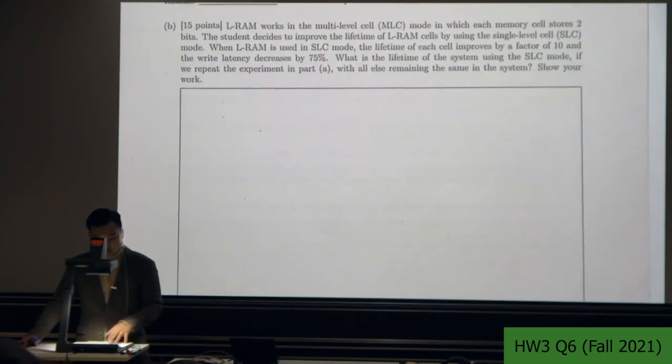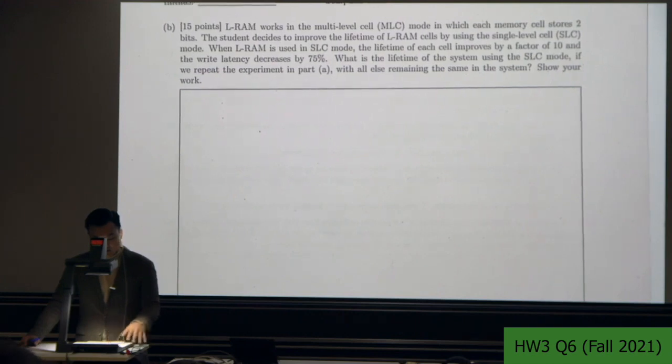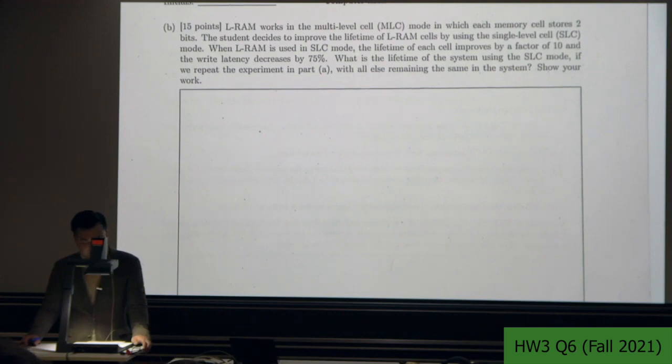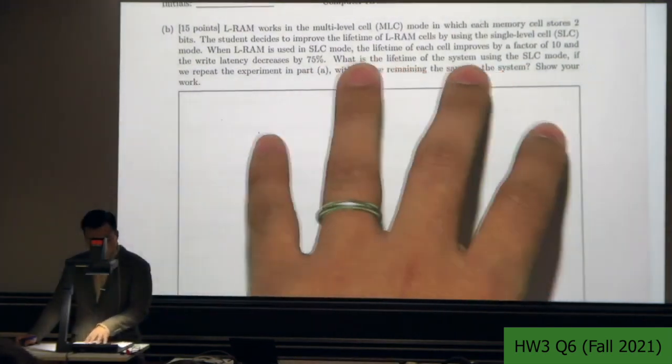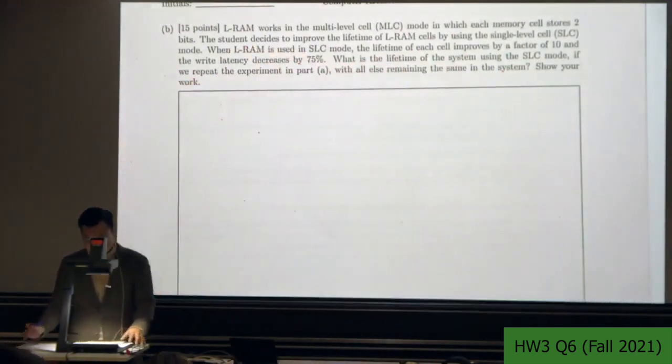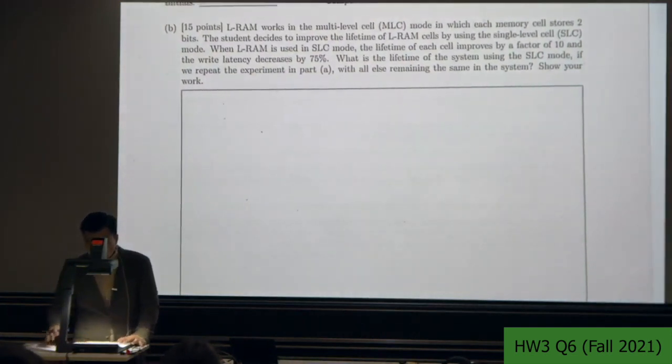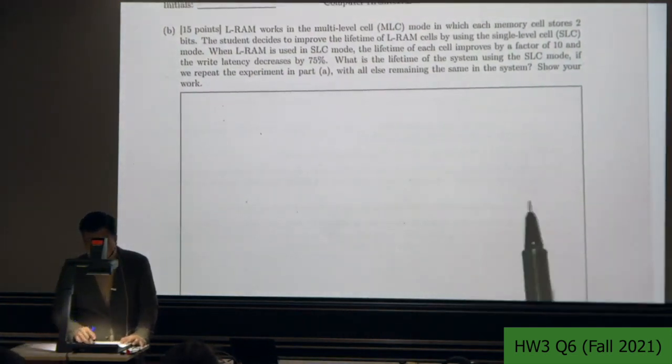And students decide to improve the lifetime of LM cells by using the single level cell, SLC, mode. So in part A, a cell stores 2 bits, but in part B, we change the cell to store just 1 bit value.